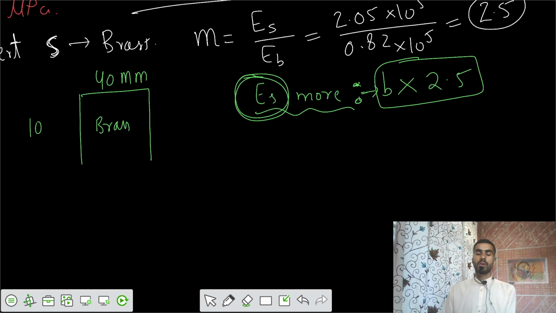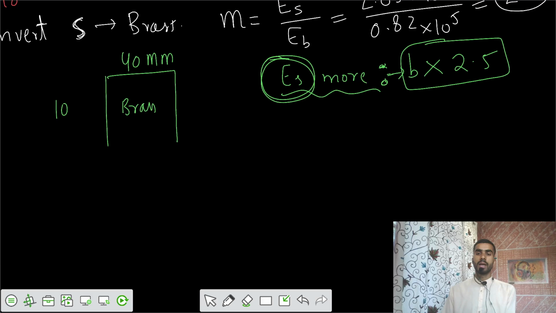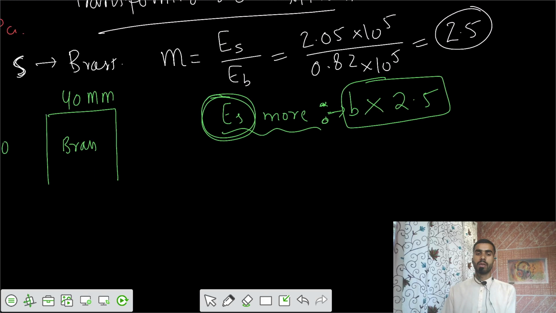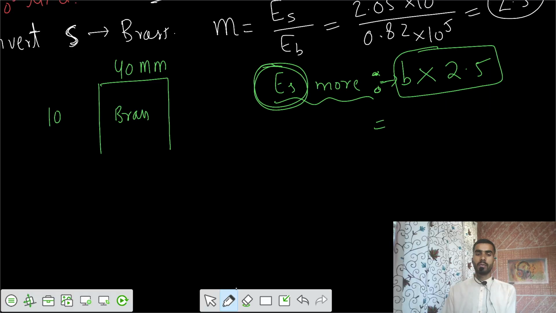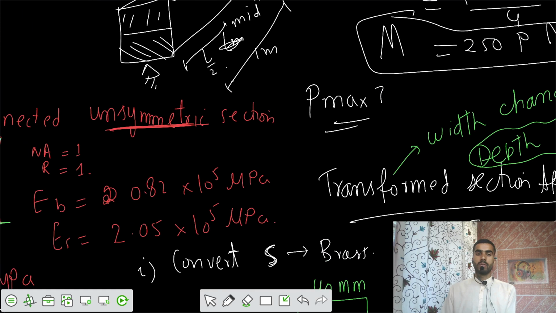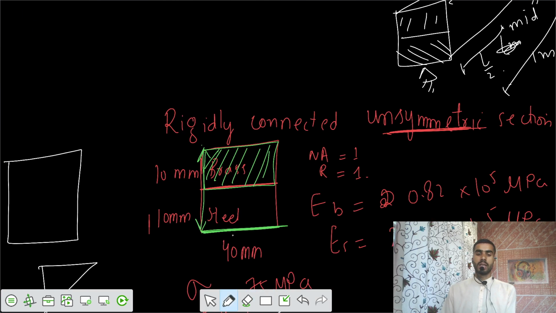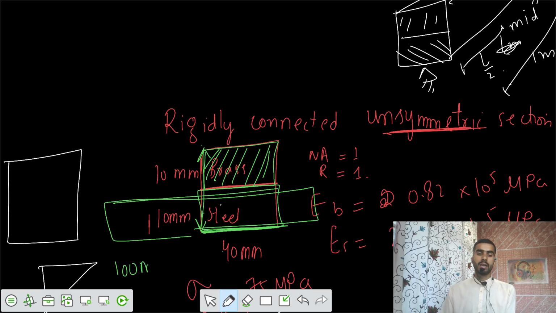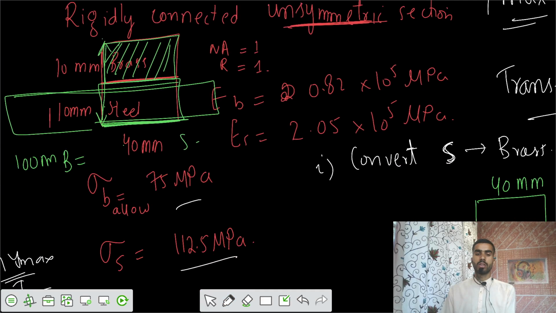So 40 times 2.5 is 100 mm. That means 100 mm of brass does the same work as 40 mm of steel. That is the meaning of the transformed section.